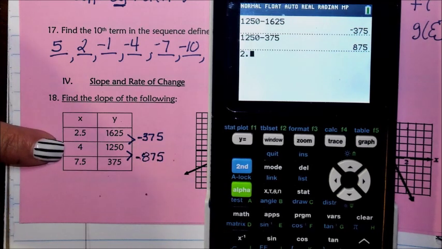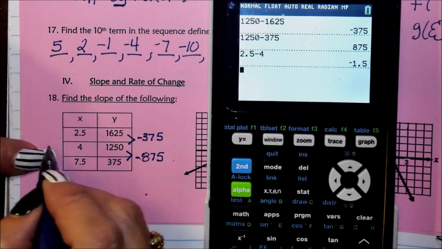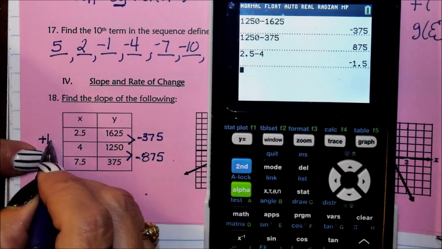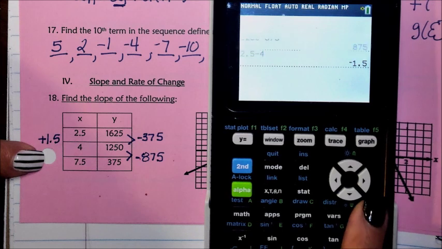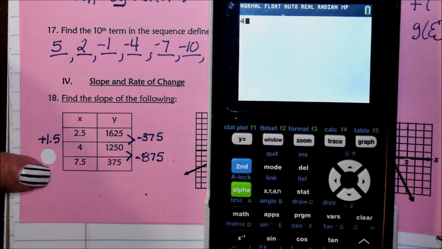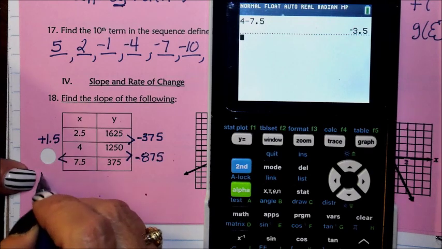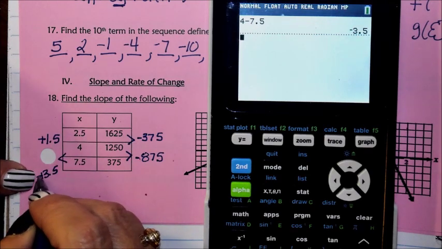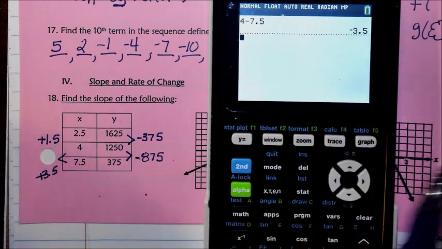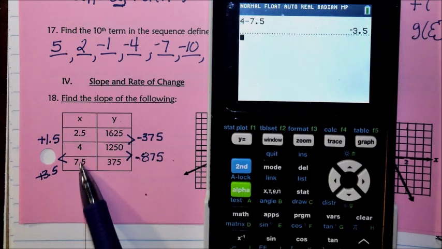This side went from 2.5 to 4. So this went up 1.5. 4 minus 7.5. So this went up 3.5. You're like, but wait, that's negative. It is, but I notice these are getting bigger.